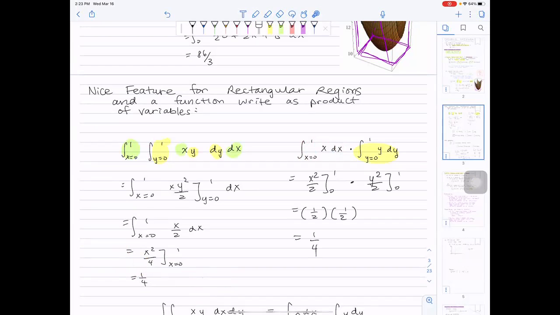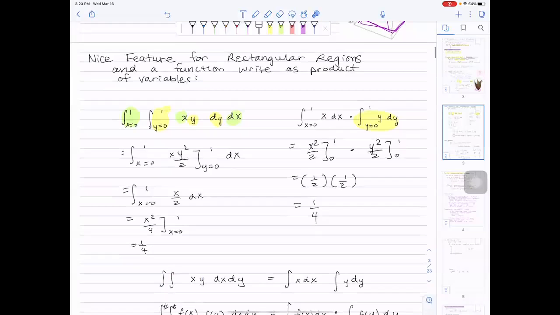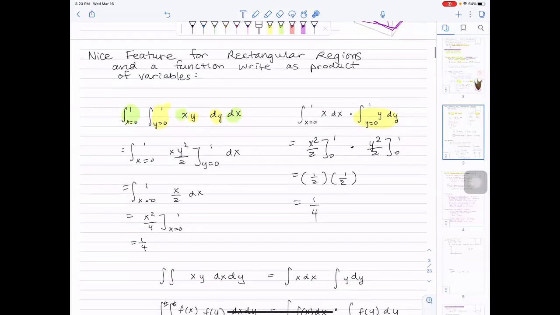And more generally, we saw that the double integral of xy dx dy equaled the integral of x dx times the integral of y dy. This only worked because, first off, our bounds are numbers. As I said, for rectangular regions, we can switch the bounds no matter what.